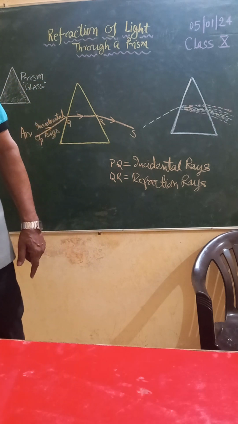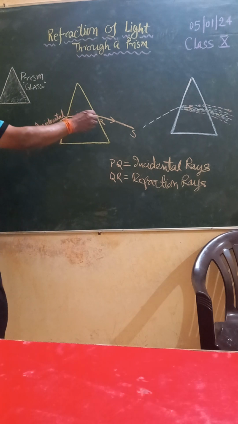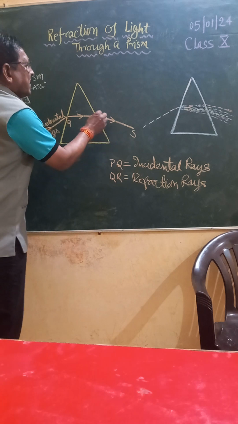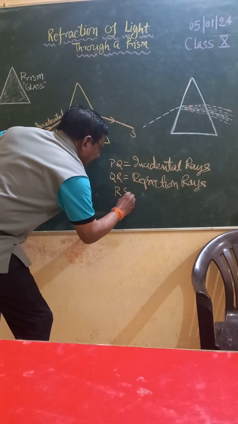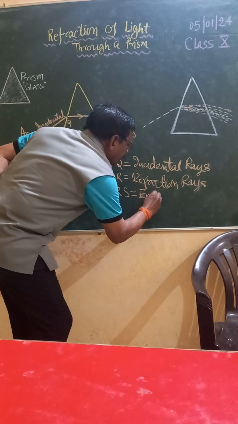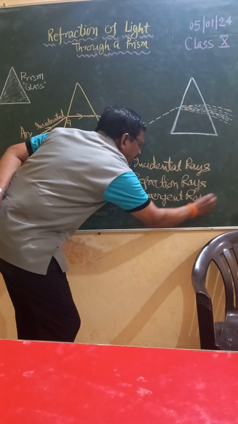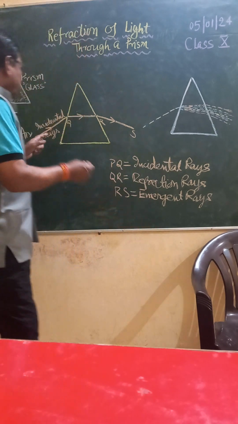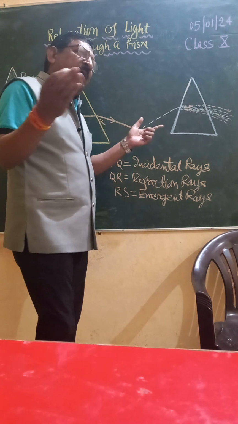Further it moves on in a different direction. The direction gets changed. So when the direction gets changed, it is emerging from here to here, from RS. So RS you can note as the emergent ray. Now, what is more important to understand? Normally light rays travel in a straight direction.